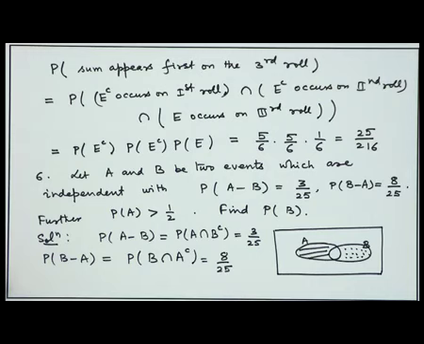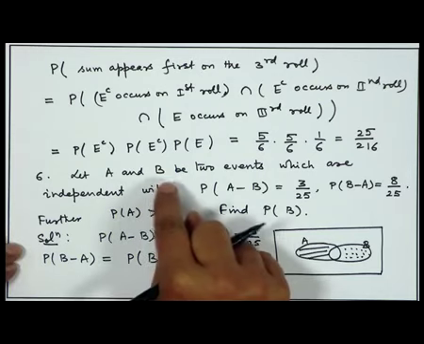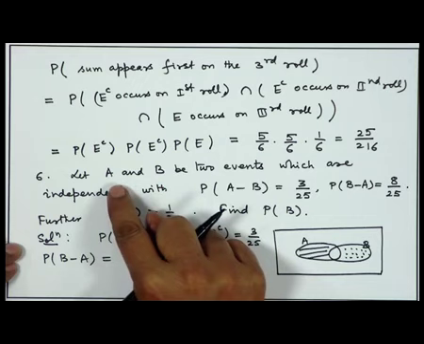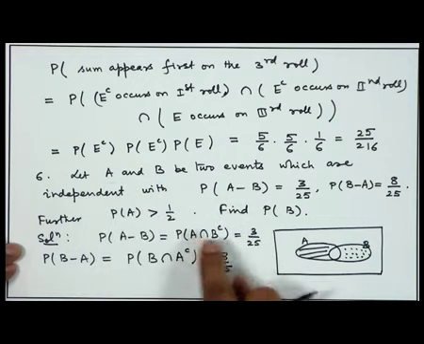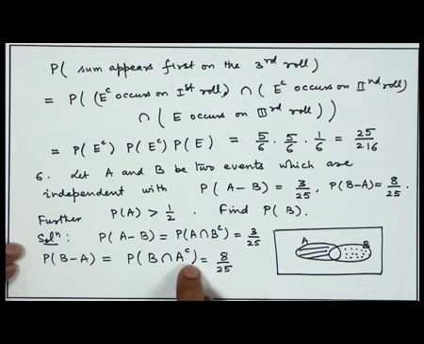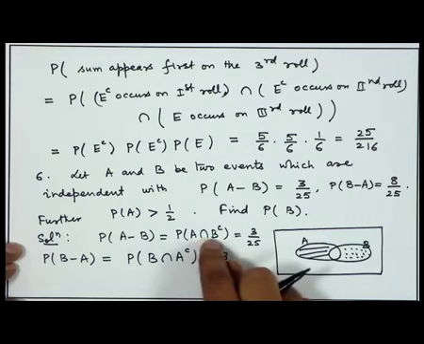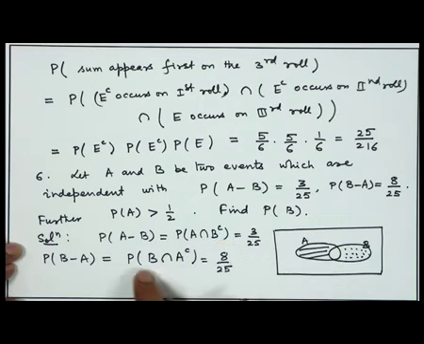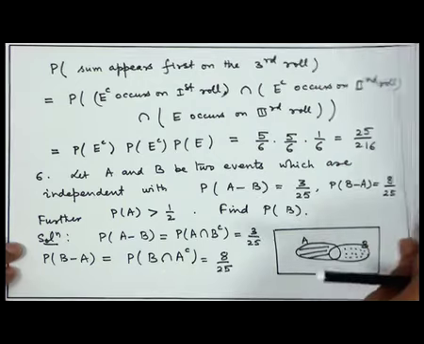Now, we will utilize the condition of independence. First of all, I will prove that if A and B are independent, then A and B complement are independent and B and A complement are also independent, because then I can write these as the product of the probability of A and probability of B complement, and here I can write probability of B into probability of A complement. So, let us first prove this.